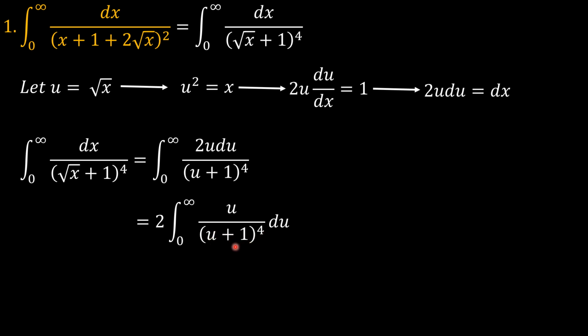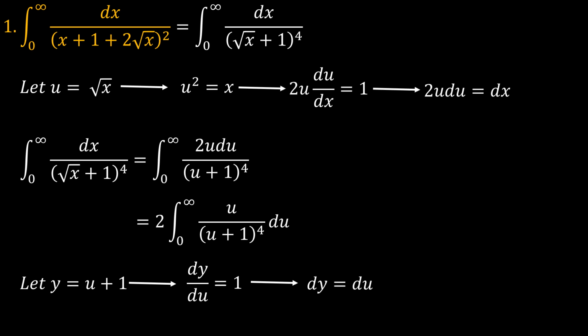I don't really like having a summation in the denominator, so what comes to mind is I could now substitute the complex component in the denominator, and I'll say let y be equal to u plus 1, which means that dy du is 1, and so we can substitute for du with dy.